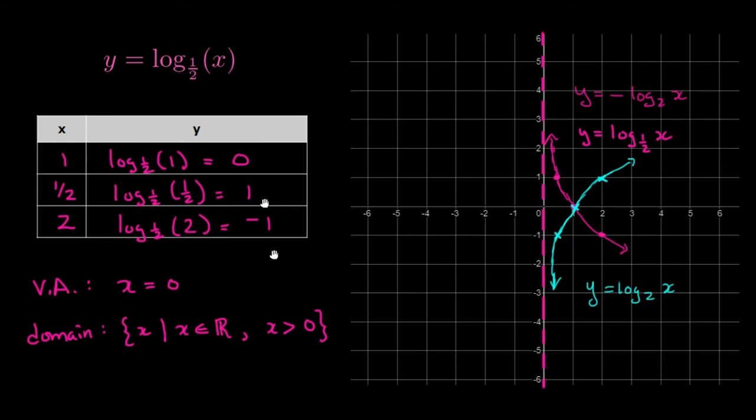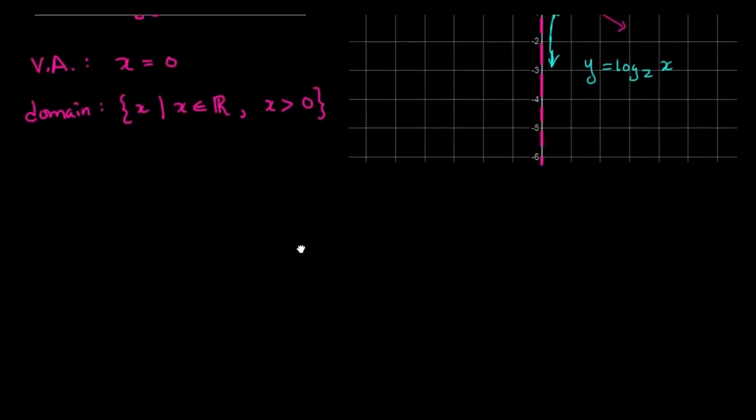So let's try to demystify that a little bit by analyzing the equation that we're dealing with in this example. I'll rewrite it here in a moment. I'll do a pen switch here. So we're dealing in this example with log base 1/2 of x.